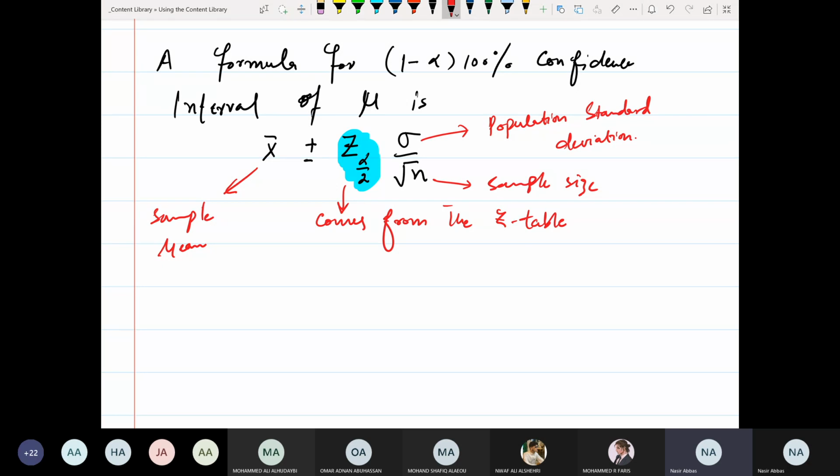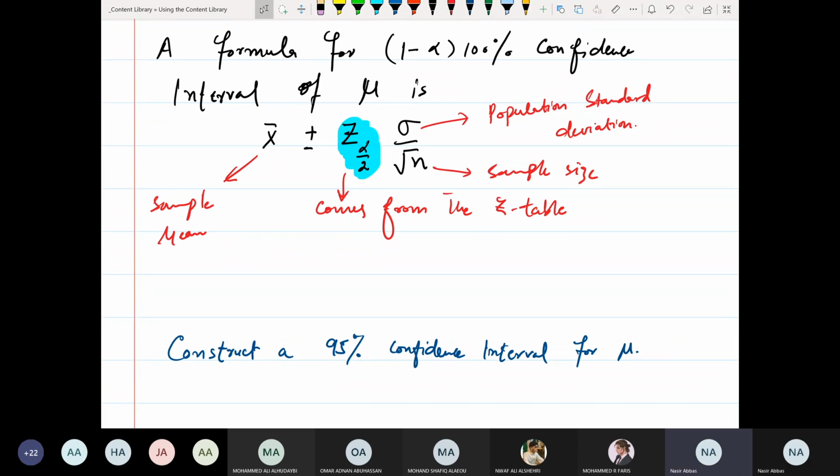Okay, in case there is no question, when you see a question in the exam, it will look something like this. Let us say the question will ask you to construct a 95% confidence interval for mu. Now this 95% is basically 1 minus alpha times 100%.